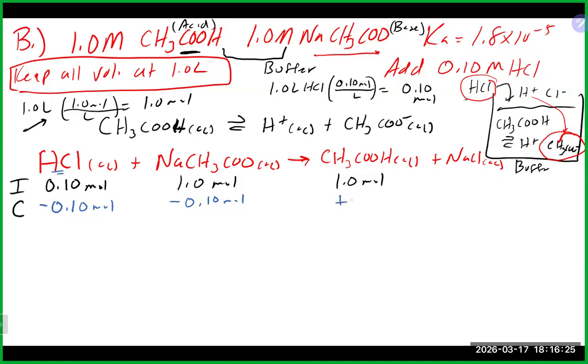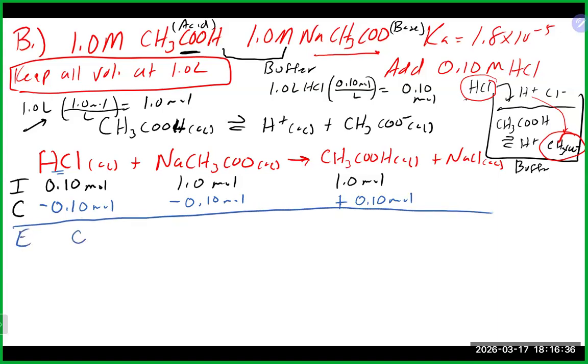This is going to be a plus, also missed by a lot of people, who want a minus on the other side as well. When I reach equilibrium here, I will have none of that left over. We will have a wonderful 1 minus 0.1, which is 0.9 moles, and we're going to have 1.1 moles on the other side as we add that together.